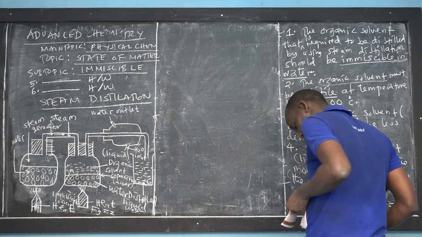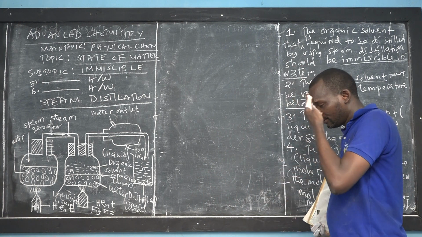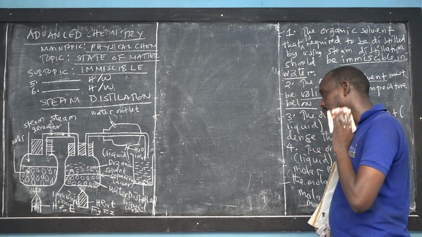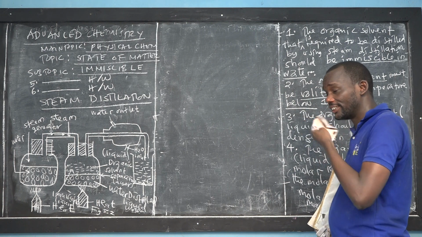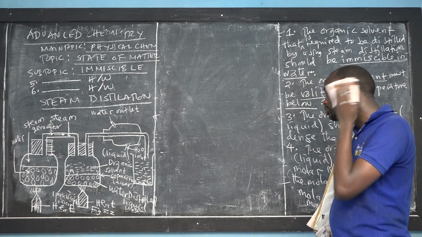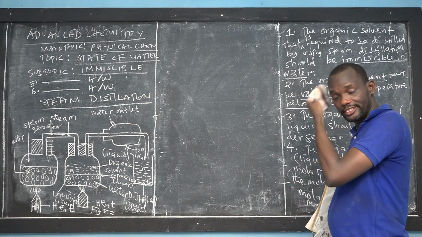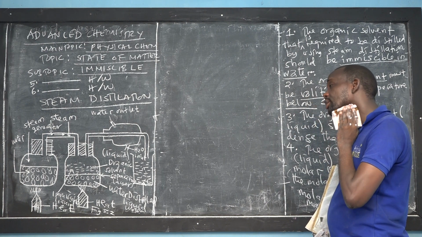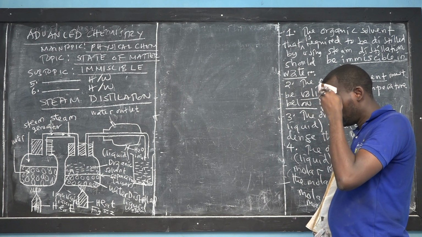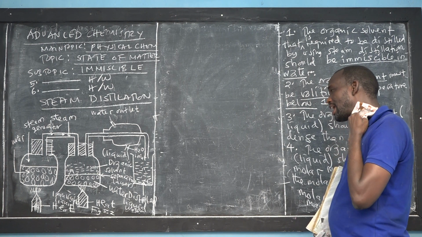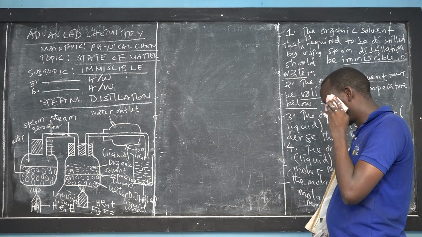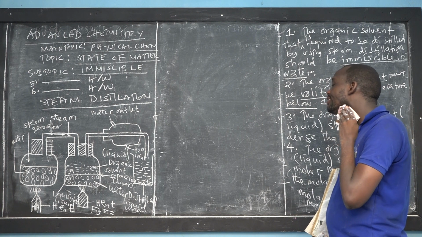Just leave the figure for you to draw properly. How does the process go? It is the method we use in chemistry to separate immiscible liquids, where we have an organic solvent, which we call the liquid, and water.